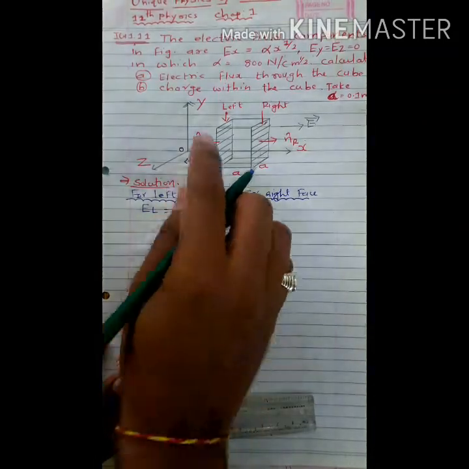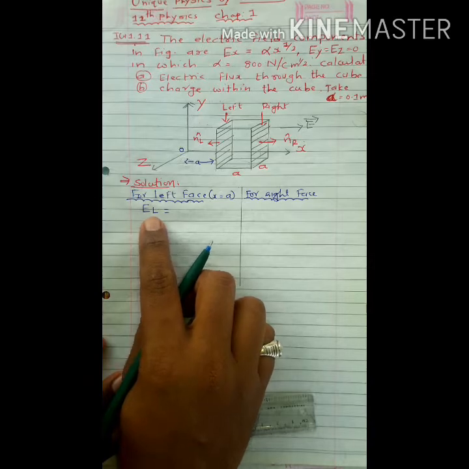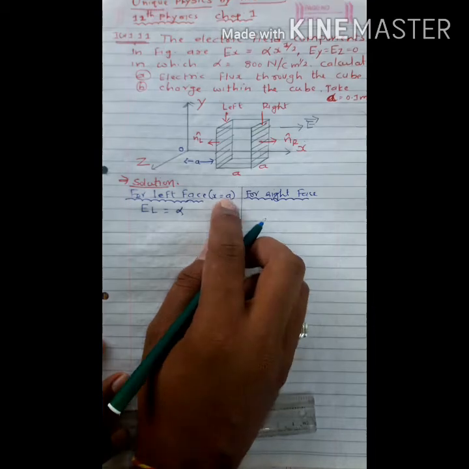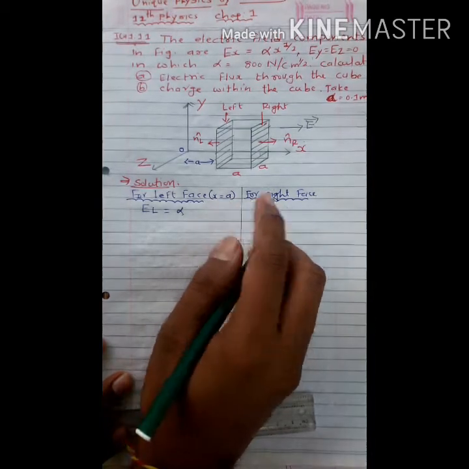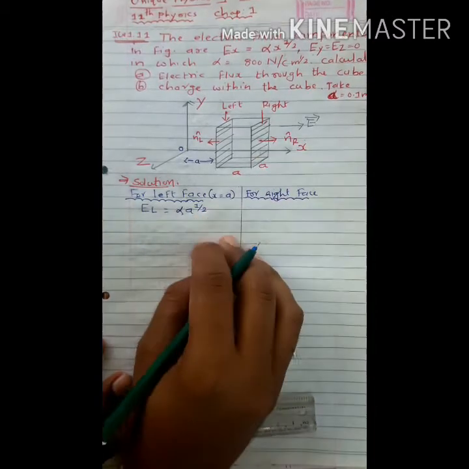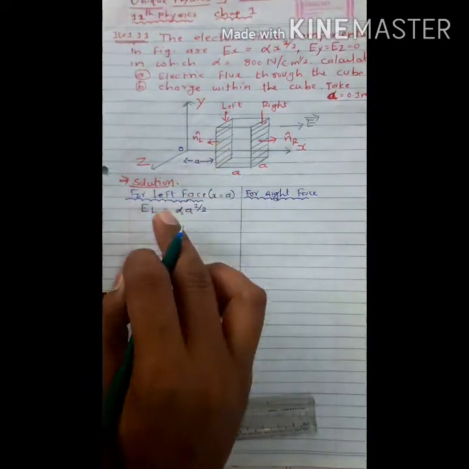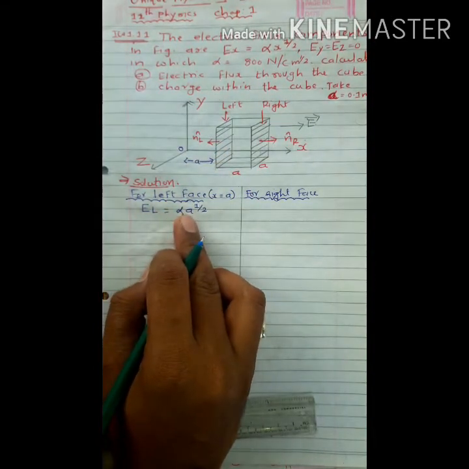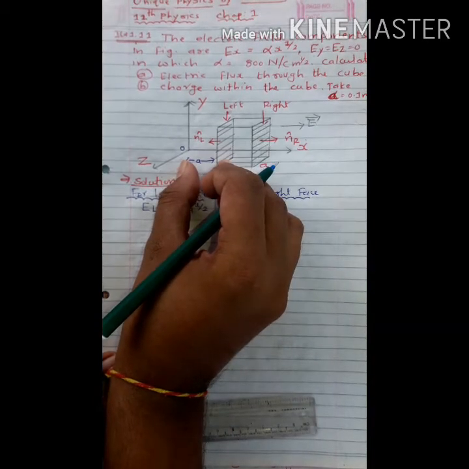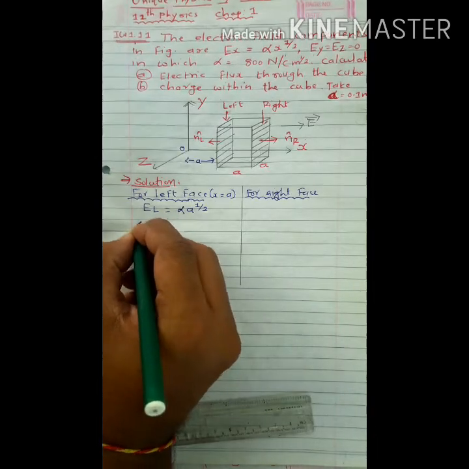So E for the left surface is alpha into a raised to 1 by 2. So first of all we find the value of the electric field for the left face: EL is equal to alpha into a raised to 1 by 2, because the distance of the left face from the origin is a.